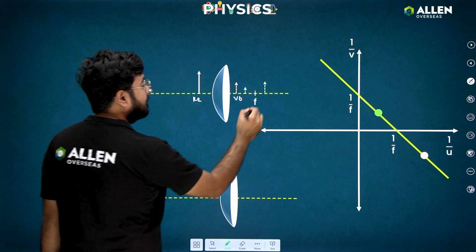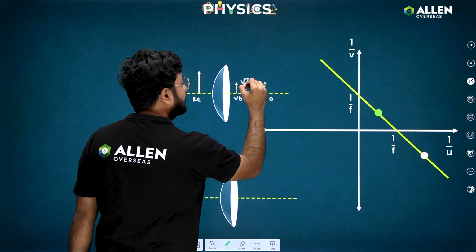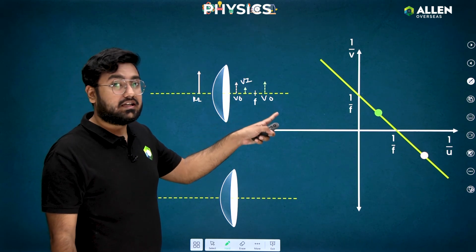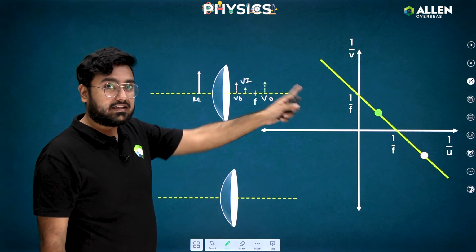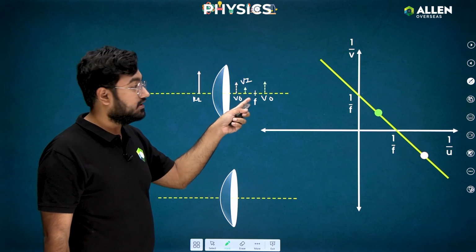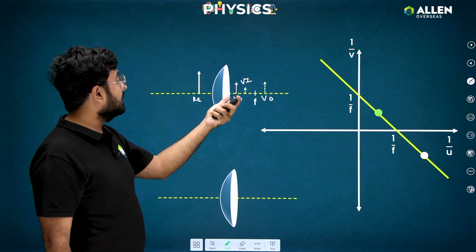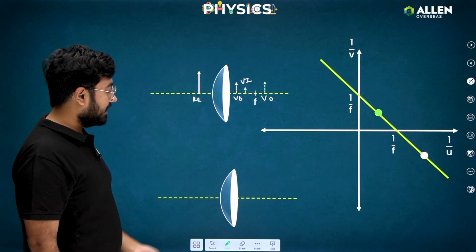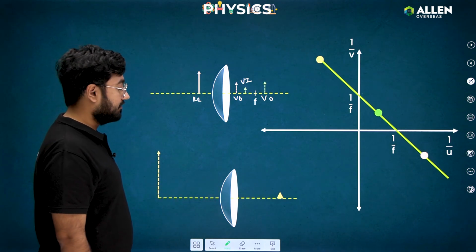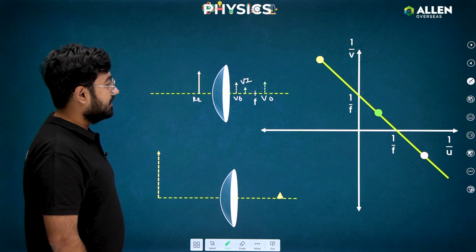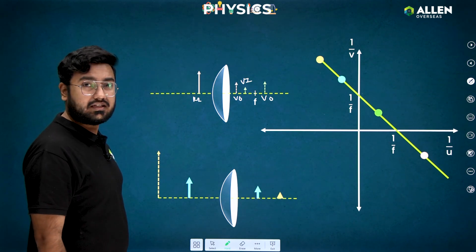Then you have virtual object and virtual image of that thing. When it is beyond F, on the right hand side of the F, the image formed is virtual. When it is before F, the image formed will be real. Getting the point? And the rest 2 cases are something like this, and like this.